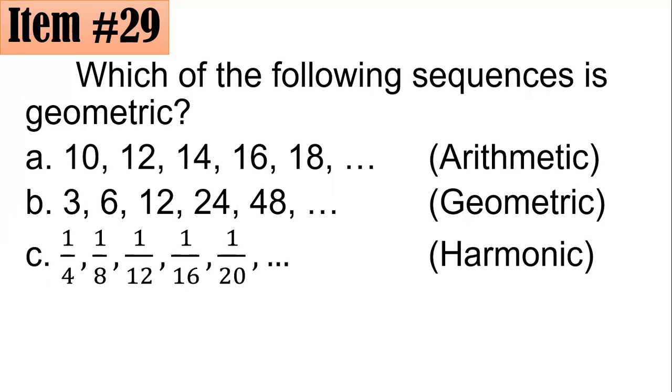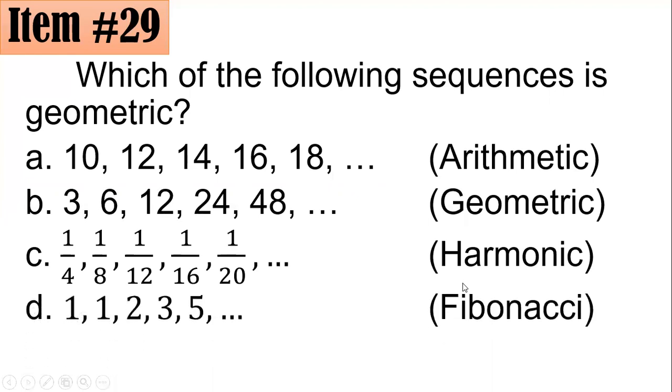These terms are derived by taking the reciprocal of an arithmetic sequence. If that happens, you call that sequence harmonic. And letter D, in fact, is your Fibonacci numbers. So we're looking for B. The correct answer is B.